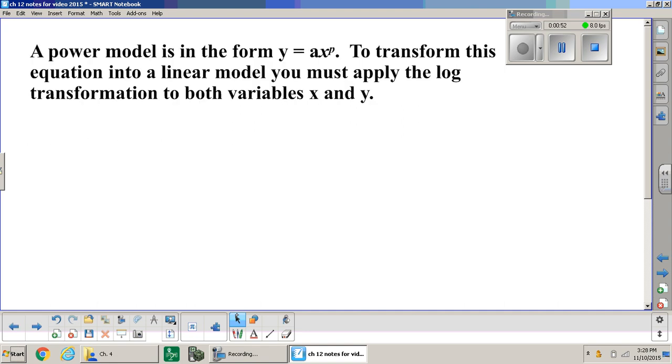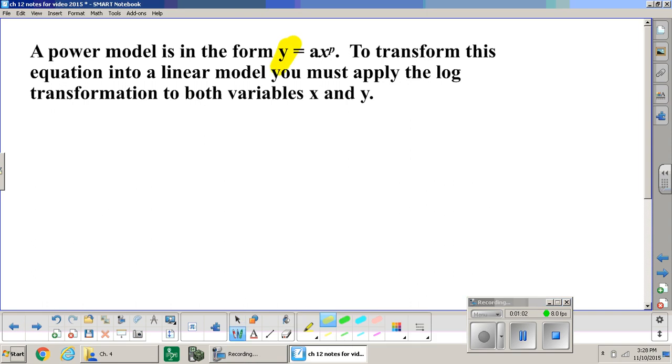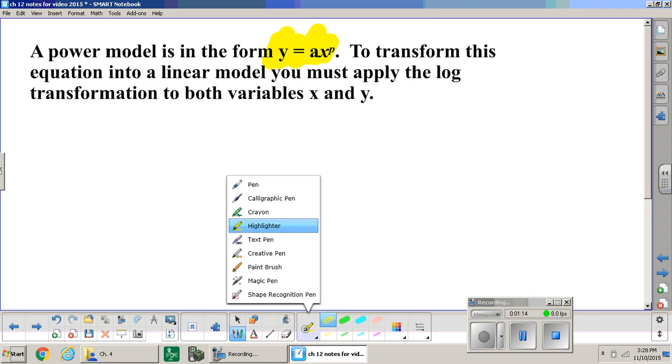Okay, so here is the idea. A power model is the form y equals ax to the p. In other words, anything that has x raised to a power. So we came up with examples last time.